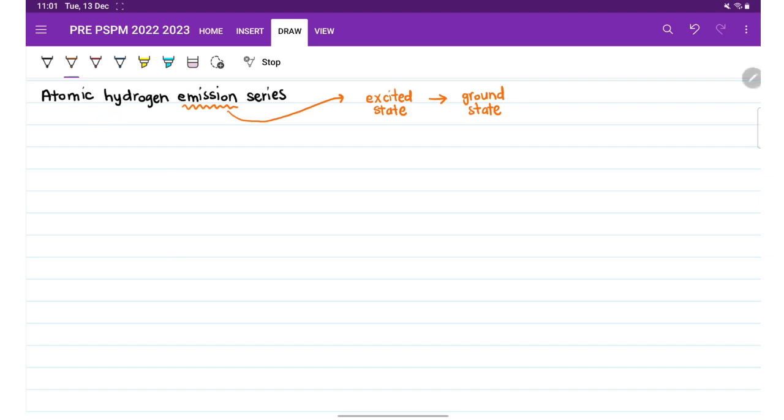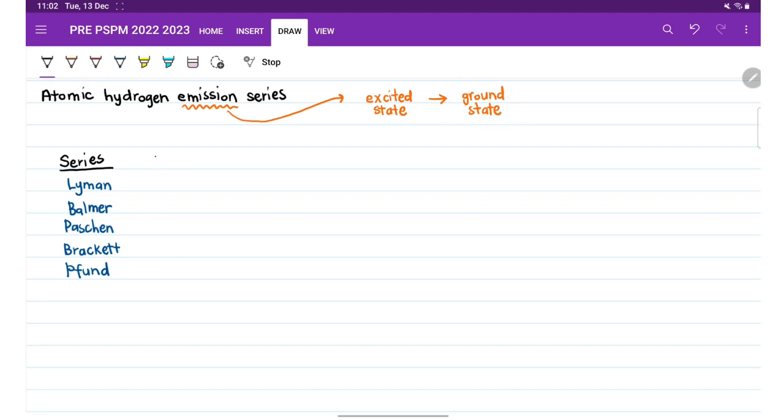So, for our atomic hydrogen emission series, kita ada 5 emission series, which is Lyman, Balmer, Paschen, Brackett and Pfund. Okay, jadi perbezaan antara kelima-lima series ni adalah kita akan tengok kepada dia punya ground state.